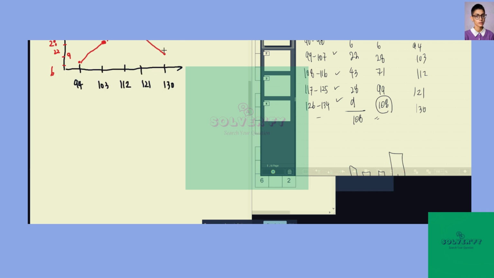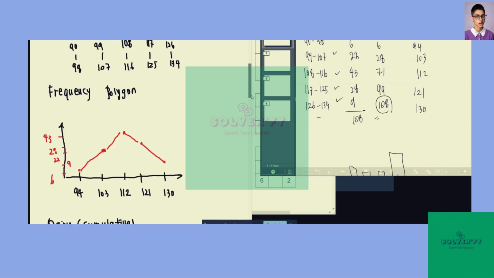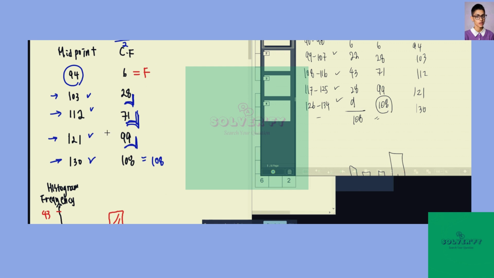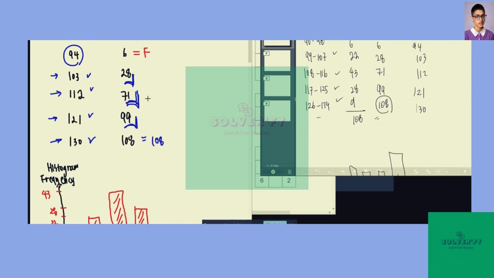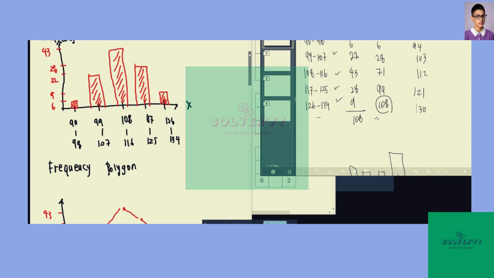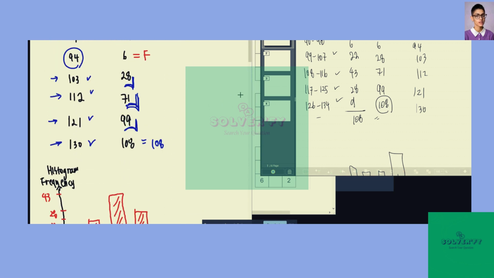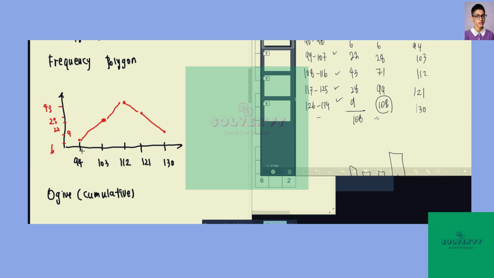So that's it, and now the ogive. An ogive is a cumulative frequency graph. Instead of frequency, we're going to use cumulative frequency, and as you can see, the number is increasing, so your graph should be going up. It's not going to look like the polygon, it's going to look like an increasing graph.